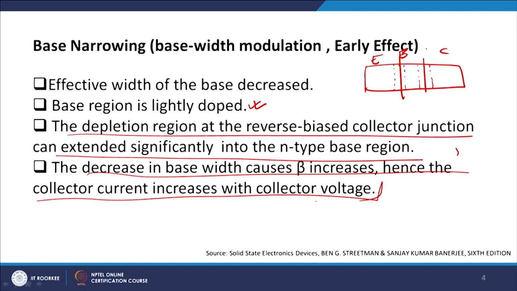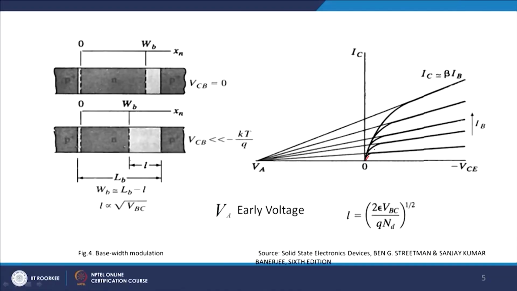What we should understand is that till now we were assuming that the collector current is always constant, independent of the value of VCB. But now what we are seeing is that beyond a particular higher value of VCB, your effective base width is reducing, so I would expect to see an increase in the current. That is what we are seeing also. As you can see here, the current is increasing, it is saturating.